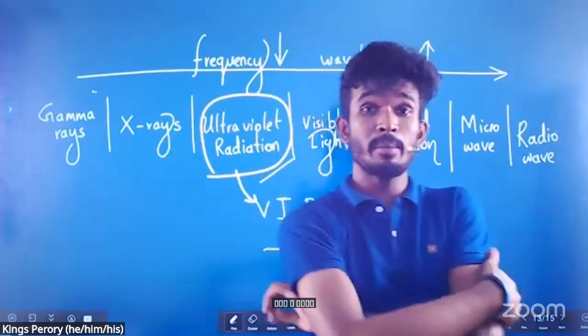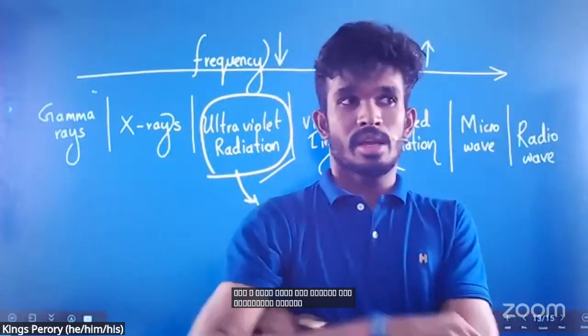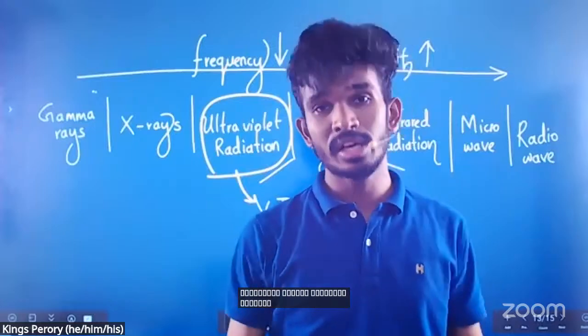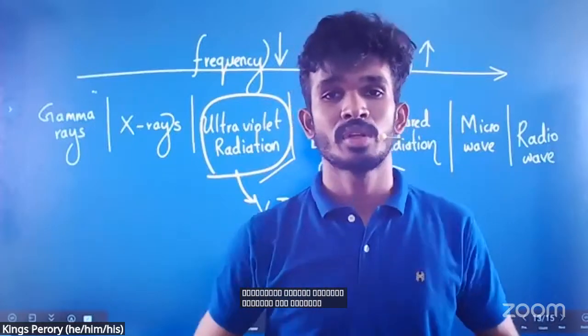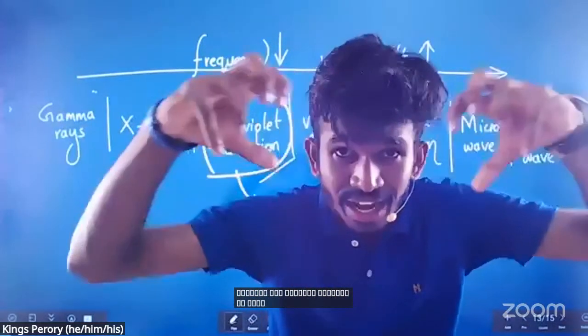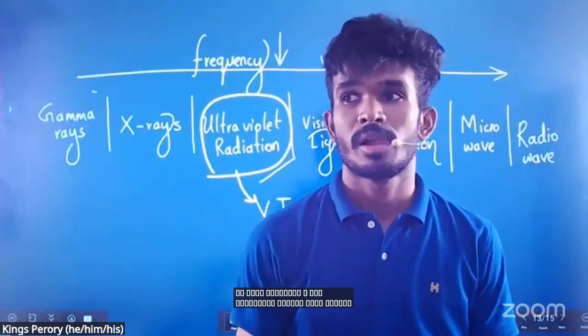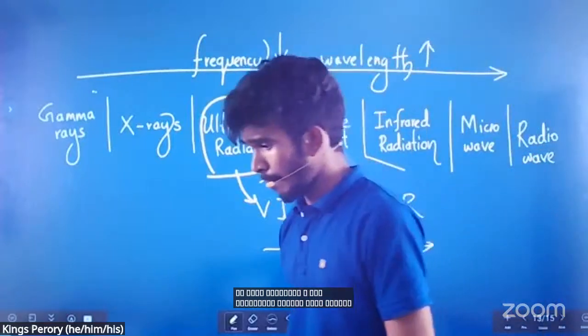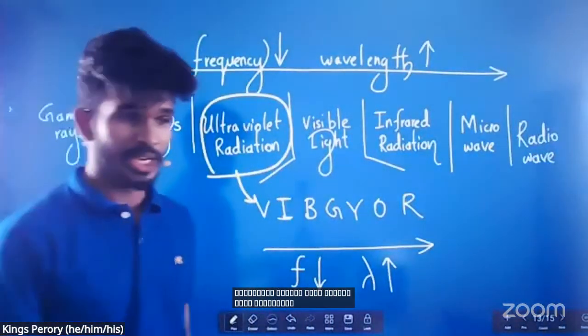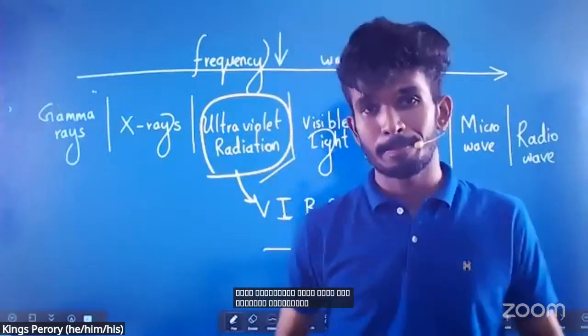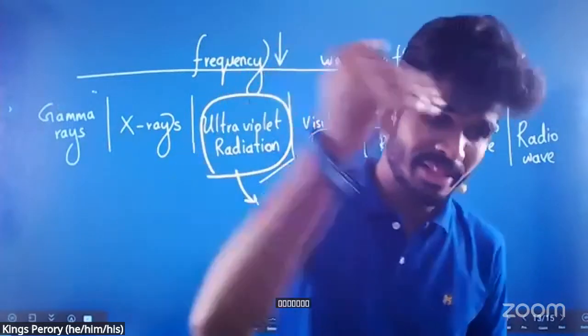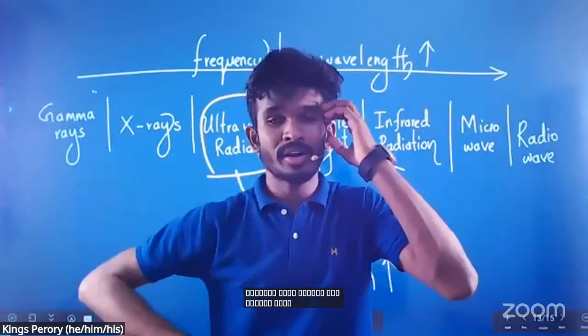Even this is used for military purposes. There are some special binoculars in which you can detect IR radiation. IR radiation means heat waves. When the military goes for any special mission, before they enter that place, they'll first look with the binocular.